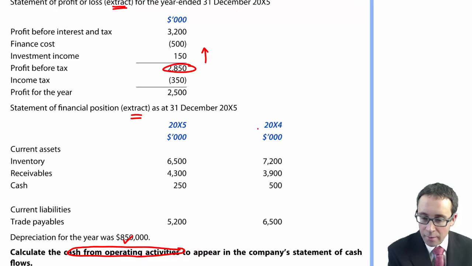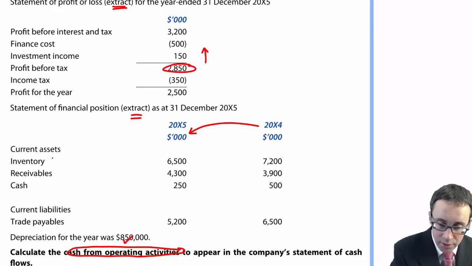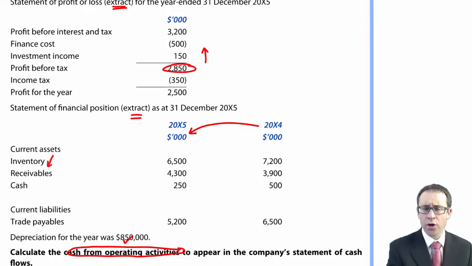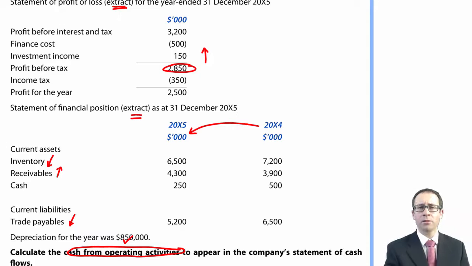Make sure that you're going the right way. X4 is the opening, X5 is the closing. So you can see there is a reduction in inventory. There is an increase in receivables. And there is a reduction in your payables.